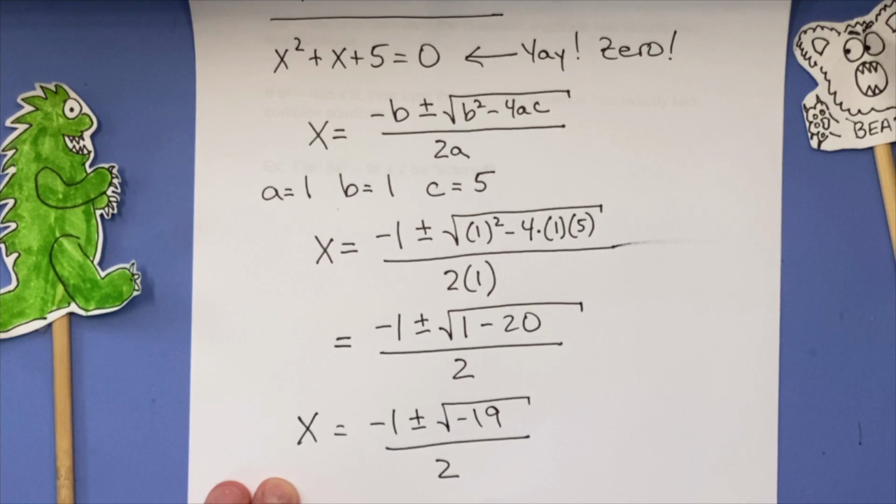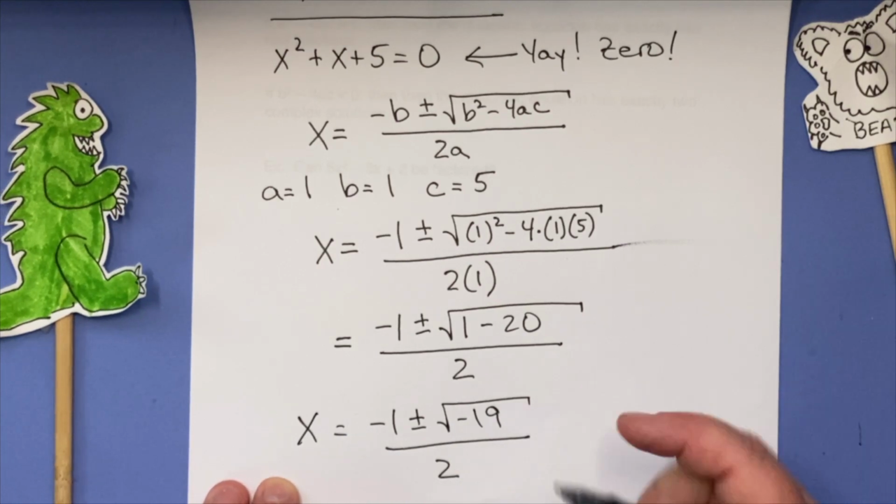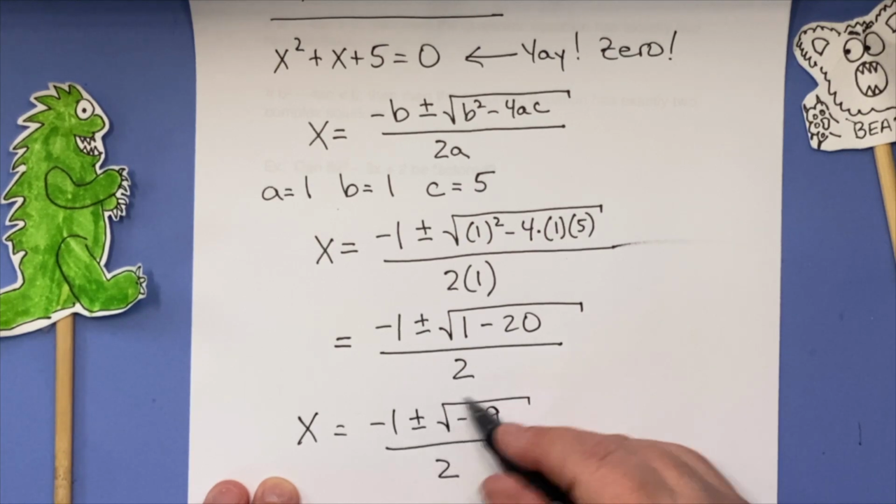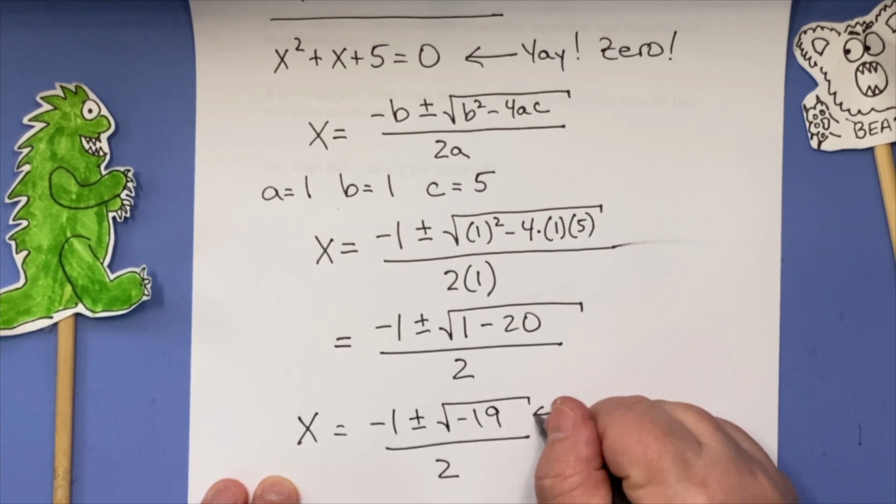Now what? Well, in this case, unfortunately, this is a negative number inside a square root. This part is not real.